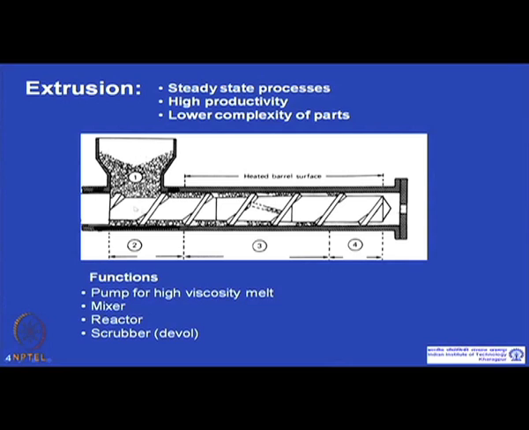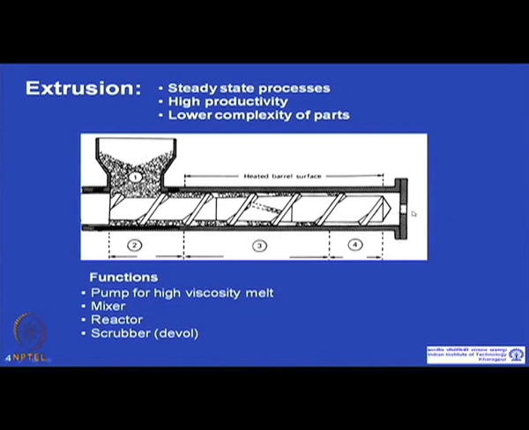Basically in the first part, all the ingredients are added, and those ingredients are mixed here, molten in this part, melted in this part and mixed thoroughly, and as the screw rotates, the melt is pushed forward, and finally the melting and mixing is completed here, and this polymer melt comes out from this die.